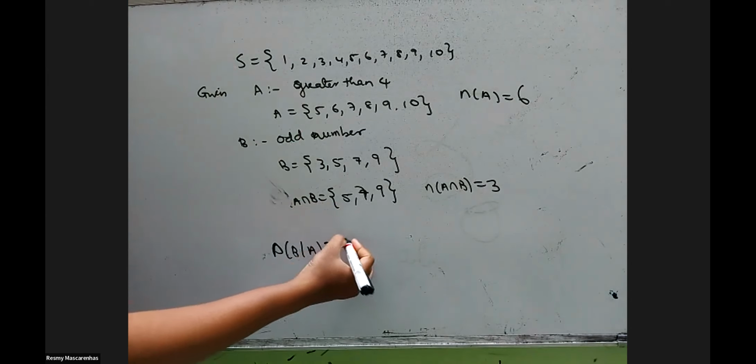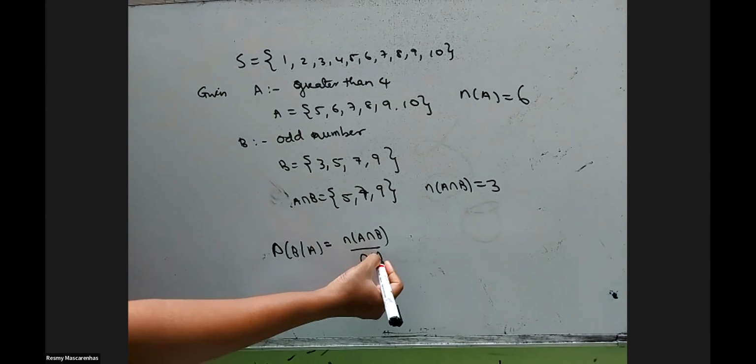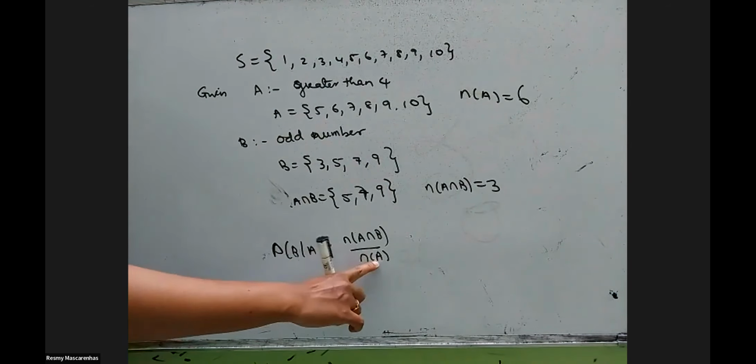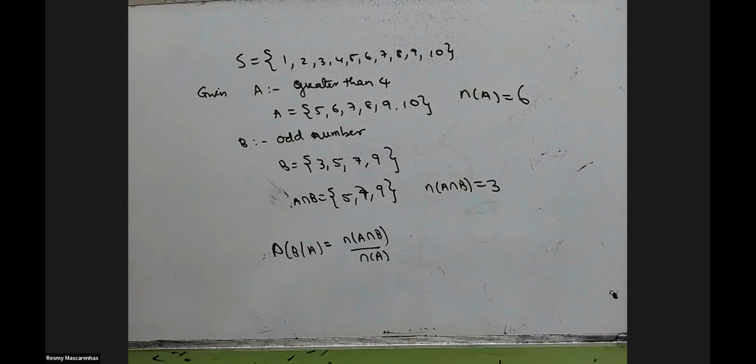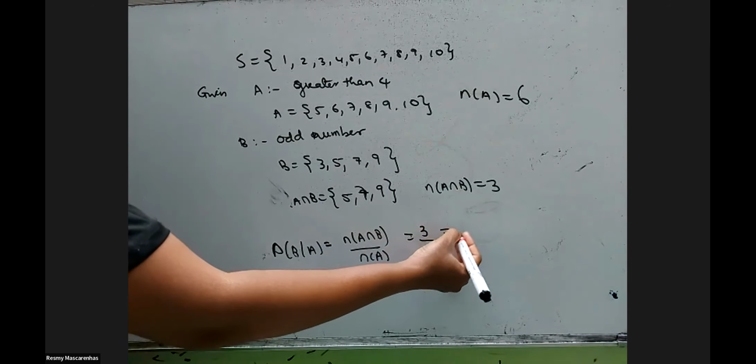So n of A intersection B, and whatever is in the denominator will be here. Substitute, answer will be 1 by 2.